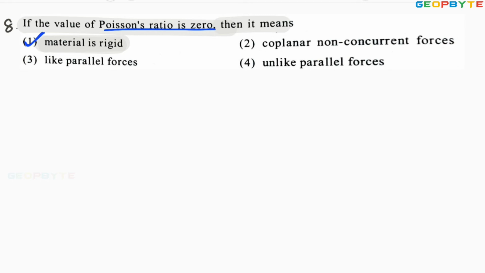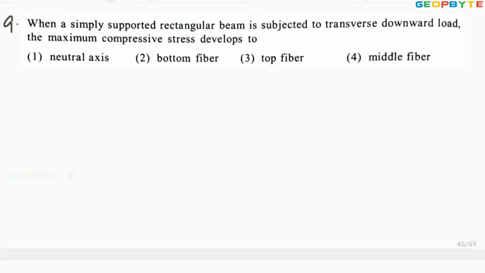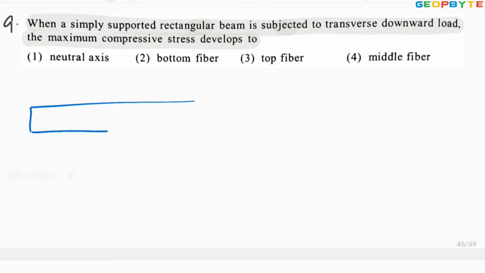Let us take another problem. Look at the ninth problem. When a simply supported rectangular beam is subjected to transverse downward load, the maximum compressive stress developed. It is like this. The beam may be initially like this.